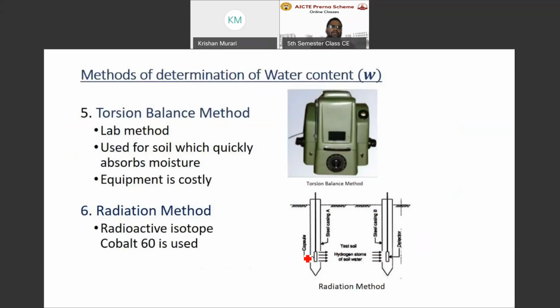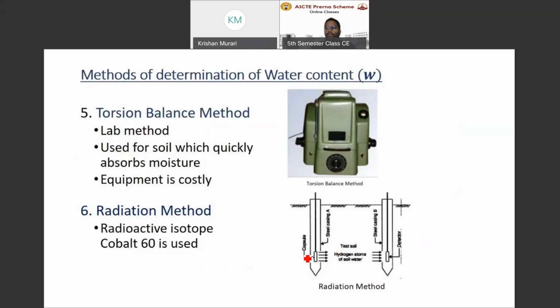Next method is the radiation method. In this method, we provide a radiator. First is an electric capsule that also contains a steel casing, and second is the detector, also in a steel cage. First, where the radiation is generated, some hydrogen atoms of the soil water, if present, affect the radiations.